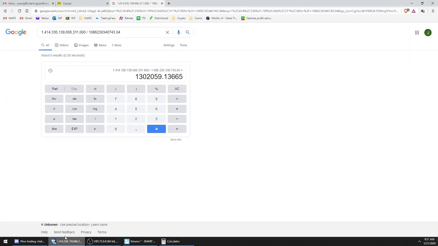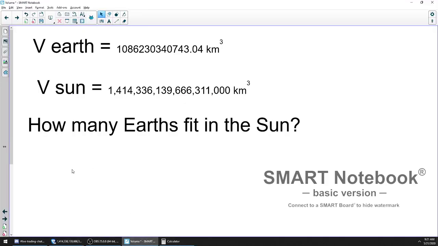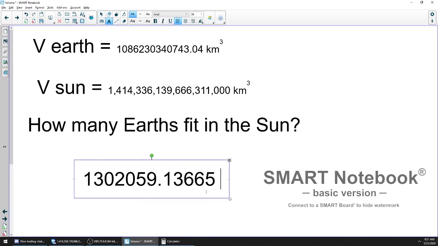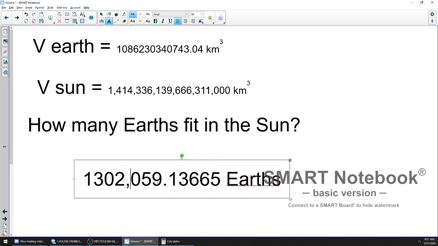Alright, so I put it in a Google calculator. And look at this. That's my answer. So how many Earths will fit? Let's put the commas. Remember, I always start at the decimal point, move 3 over.